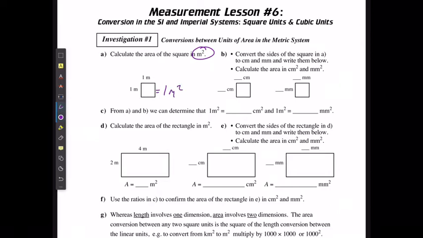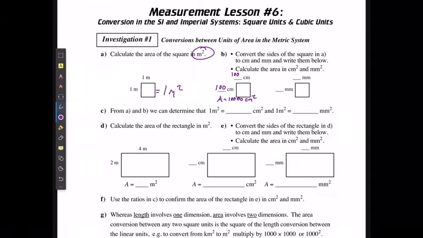If I'm converting the side squared into centimeters squared and millimeters squared, well, 1 meter would be the same as 100 centimeters and 100 centimeters, and this is going to give me an area of 100 by 100, 10,000 centimeters squared.